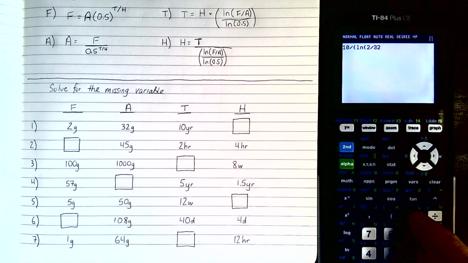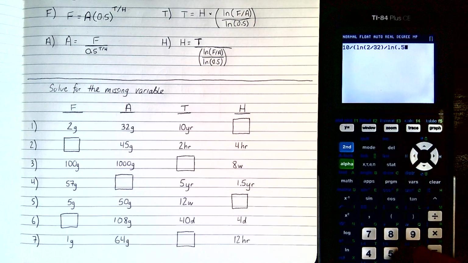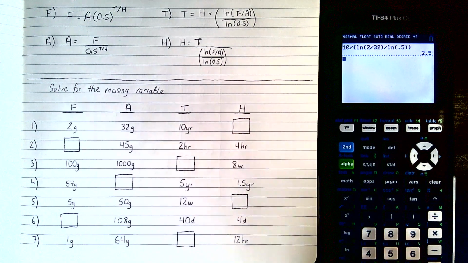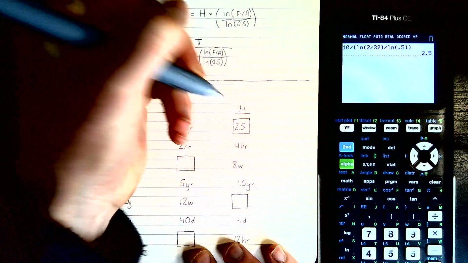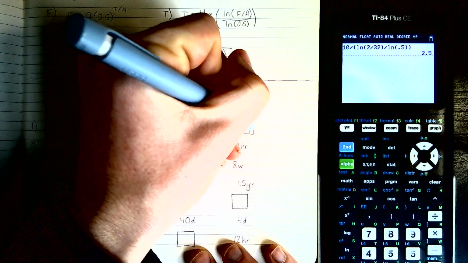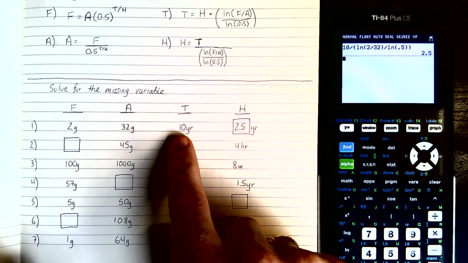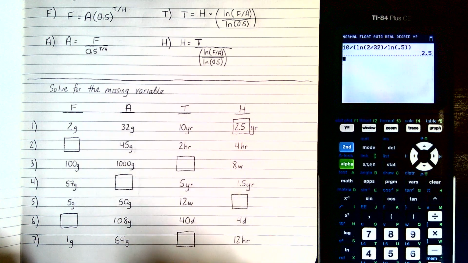We started with 32 grams. And all of this is over the natural log of 0.5. And we get 2.5. What that 2.5 tells us is that the half-life is 2.5 years. And if we look here, we can see that 4 have gone by.